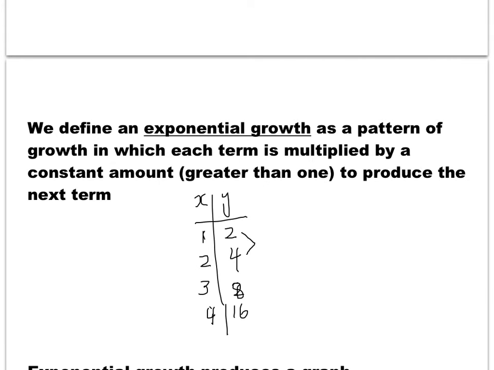If you look at the ratios of the terms here, 4 divided by 2 gives you 2, 8 divided by 4 gives you 2, 16 divided by 8 gives you 2. Every term is the product of the previous term times a constant. In this case, the constant is 2. This is what we call exponential growth.